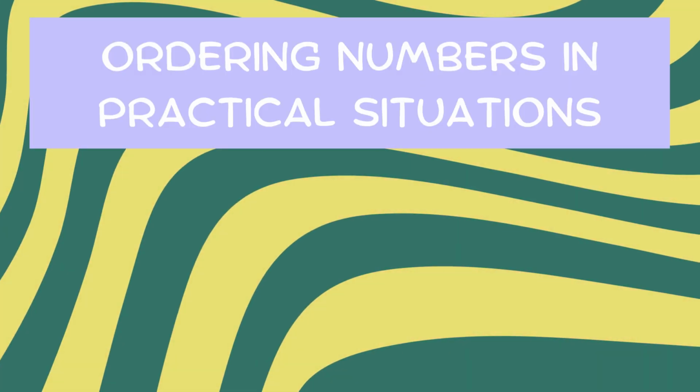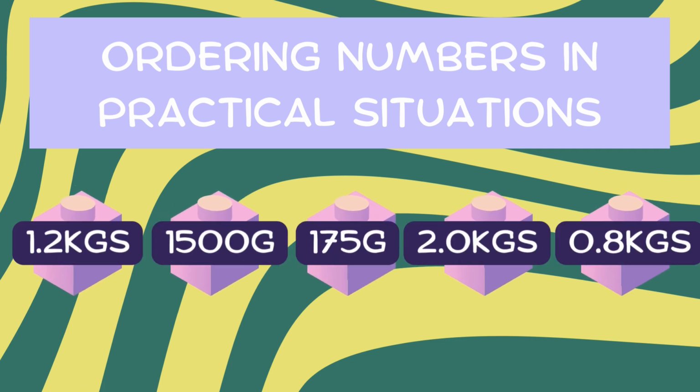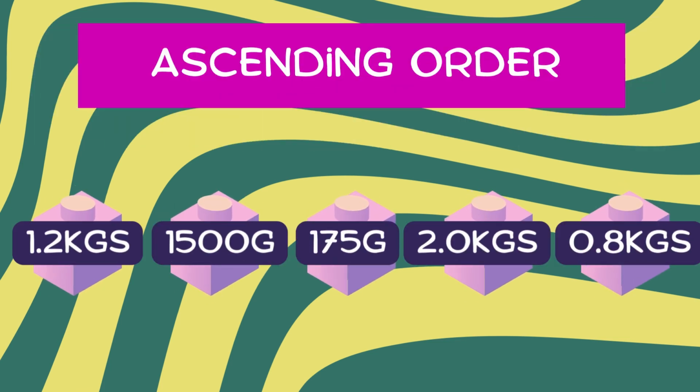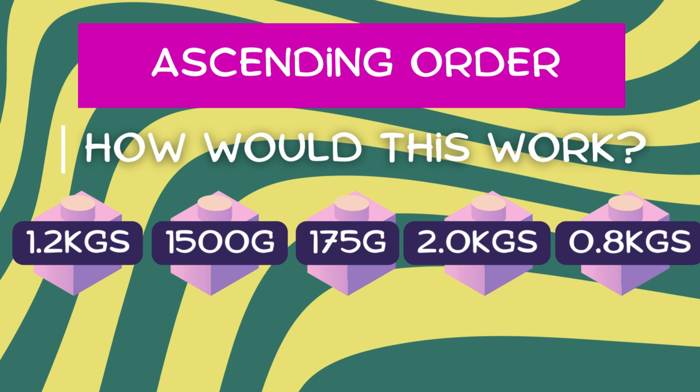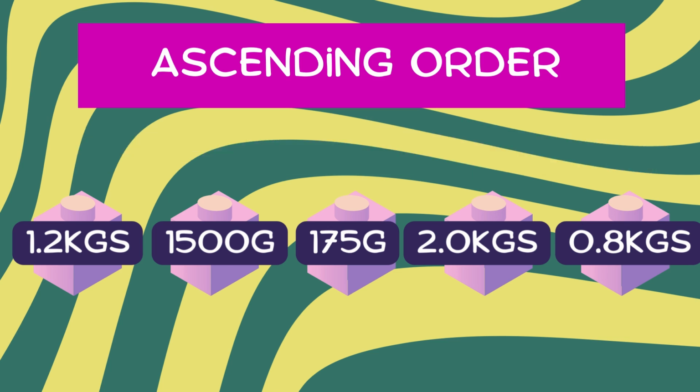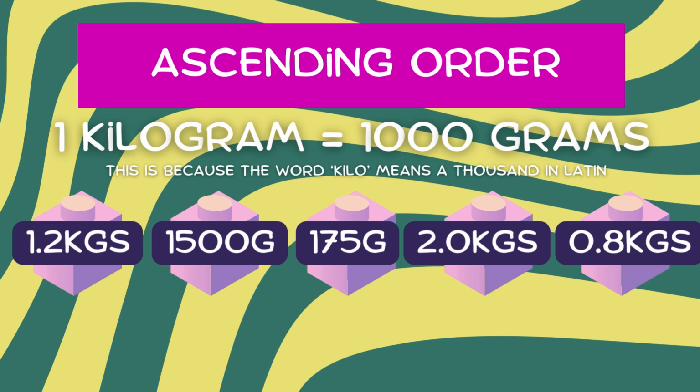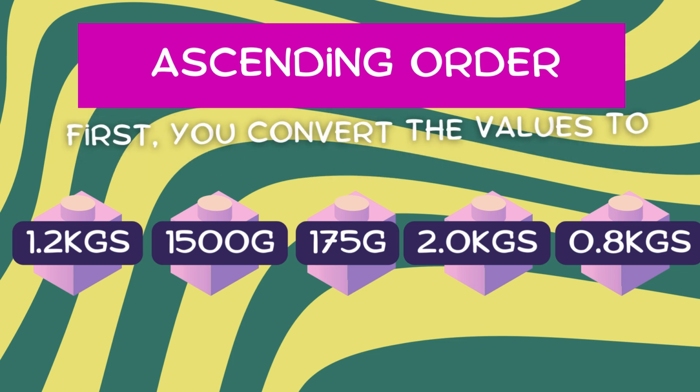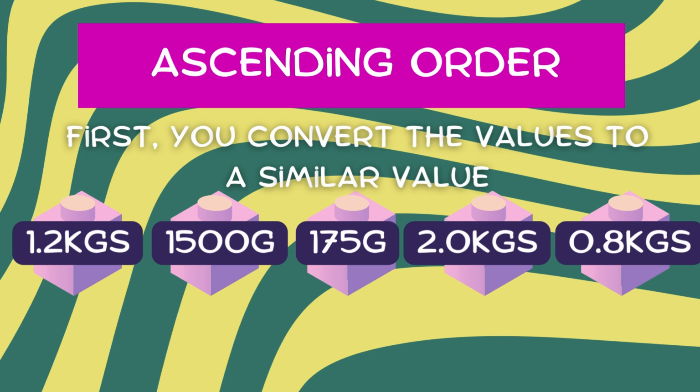Now, in a practical sense, ordering numbers is actually very important when calculating values. For example, if we had these 5 masses of bricks and we wanted to order them in ascending order, how would this look? Well, firstly, we would have to understand that 1 kilogram is equivalent to 1,000 grams. So it would make sense to convert the values first before trying to order them.